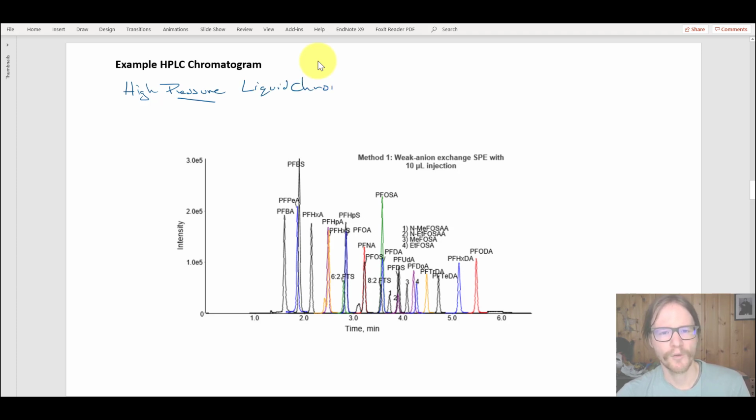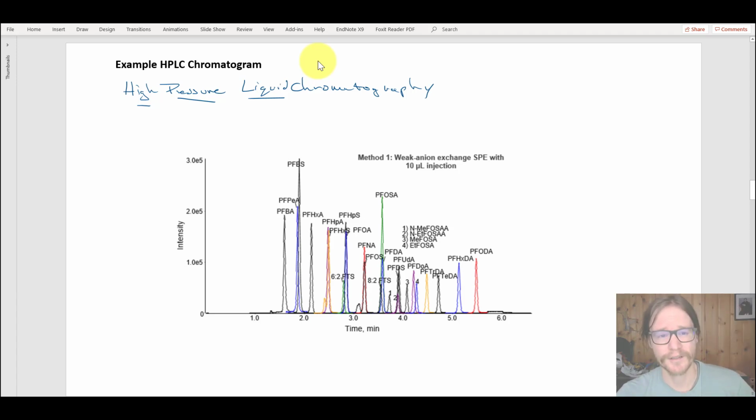We're going to talk a little bit in the next chapters about liquid versus gas chromatography, but it really just describes the state your sample is in when it's injected onto the column. As the name implies, this is the separation of a liquid mixture, which makes it perfect for things like water samples, but also reaction mixtures.